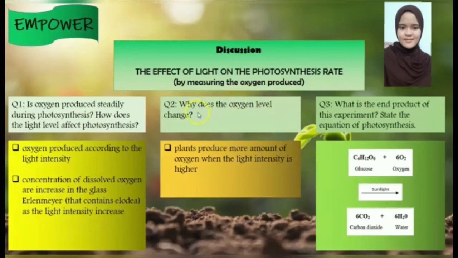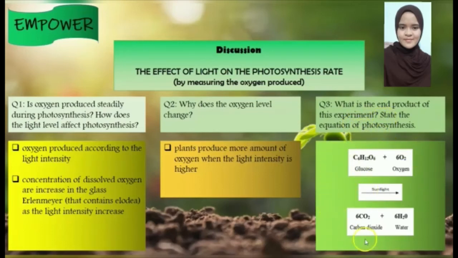The second question is why does the oxygen level change? The answer is plants produce more oxygen when the light intensity is higher. I repeat, when the light intensity is higher. The third question is, what is the end product of this experiment? State the equation of photosynthesis.